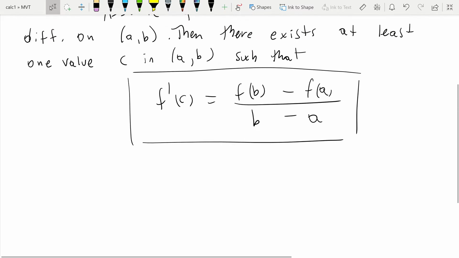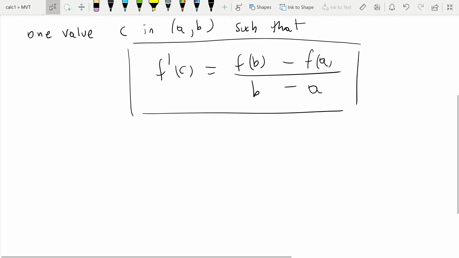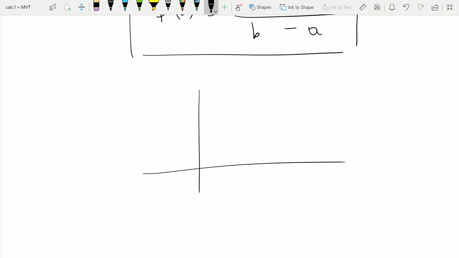Okay, so the theorem, as I said, tells you that if you have a function that is nice enough, continuous on a closed interval and differentiable inside. So if this is a, and this is b, and you have the graph of f, look at what happens at the endpoints. This is f of b, and this is f of a.